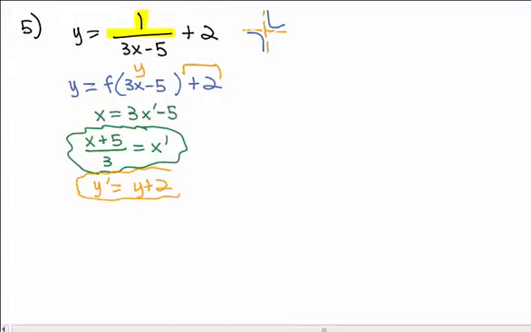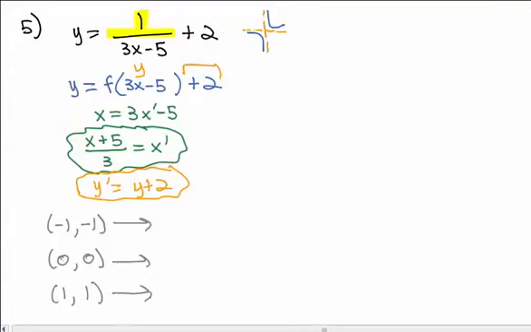That one's going to be really simple. And then we're ready to look at our 3 key points. (-1, -1), (0, 0), and (1, 1). Remember, (0, 0) on the reciprocal function is the intersection of the asymptotes. It's not part of the graph. It's where the asymptotes cross.